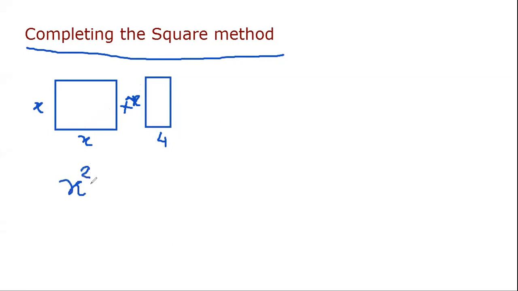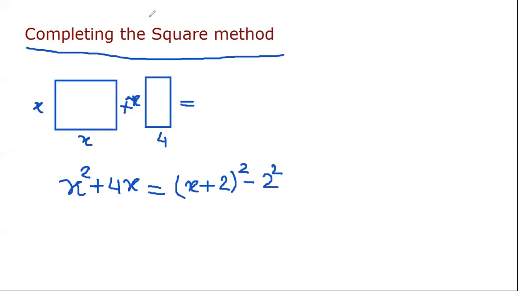How can I convert x square plus 4x into the form of x plus 2 whole square minus 2 square? When you add these two figures, then what do you get?